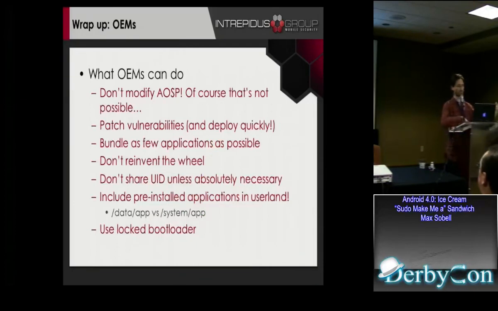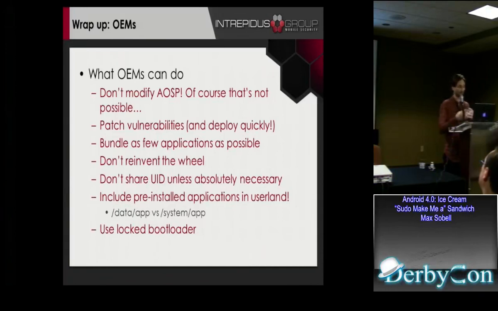So as OEMs, don't modify the Android open source project, but that's probably not possible because everybody loves the OEM look and feel on every Android device, right? Patch vulnerabilities and then deploy the patch quickly. Unfortunately, that requires a lot of cooperation between the OEM and the MNO. Bundle as few applications as possible, or maybe even don't put them in /system/app.